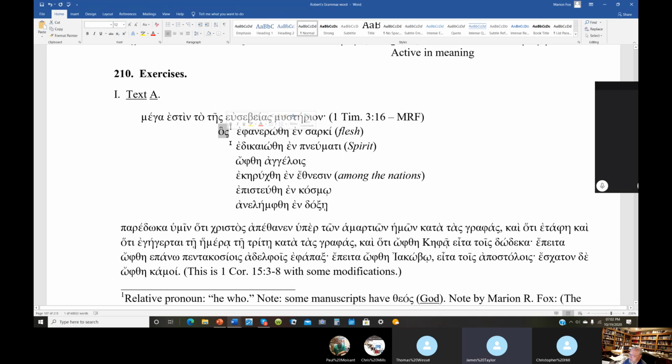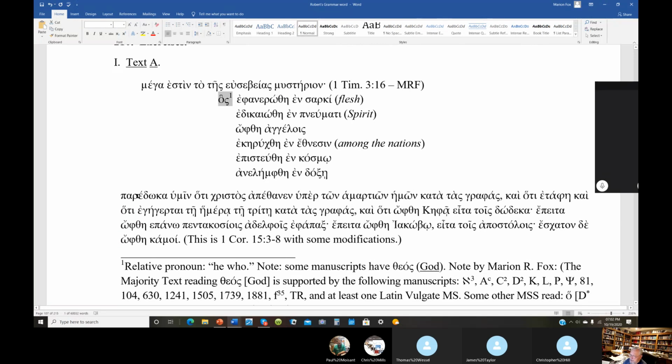The most frequent text reads God, and I think they purposely changed it because they didn't want Jesus to be God. I think we had some people messing with the text for that reason. This is, of course, 1 Timothy 3:16, exactly right out of the Bible. There is a textual variant here, but I think everything else is the same.